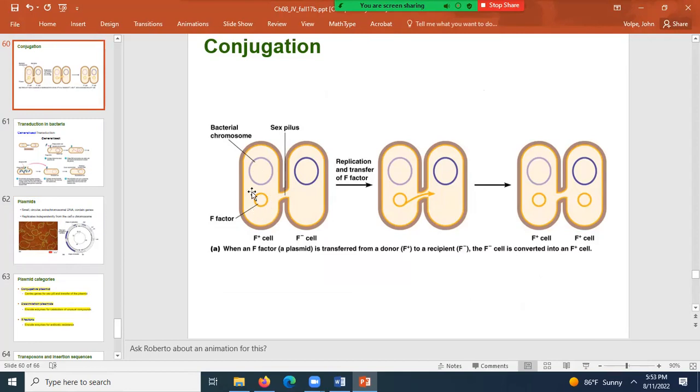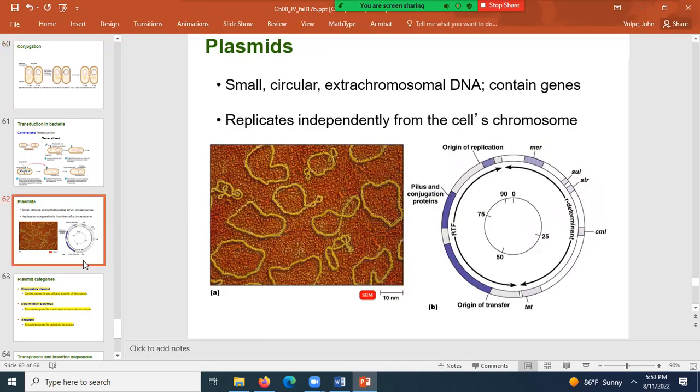What that F plasmid did was replicate so that it could send one copy into the F minus cell. The bacterial chromosome is not replicating here. This shows independent replication, which is the way most plasmids replicate.